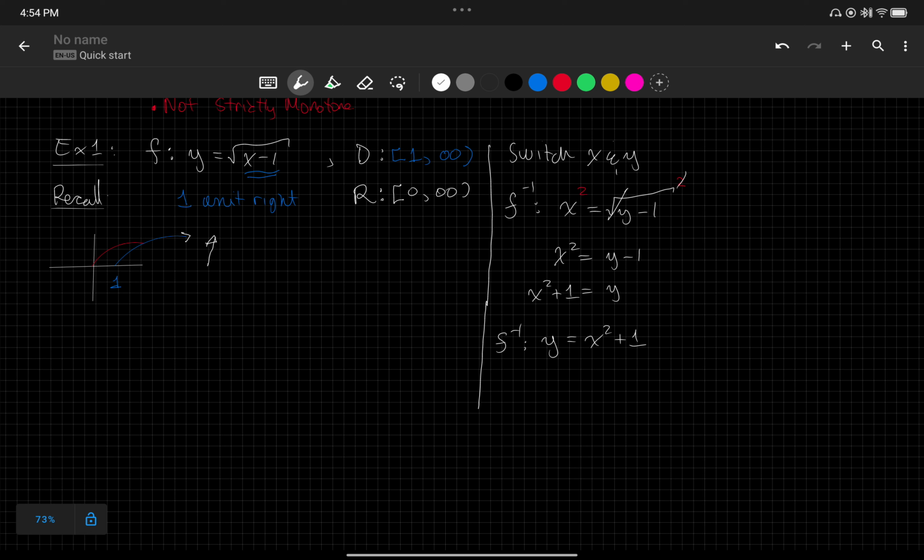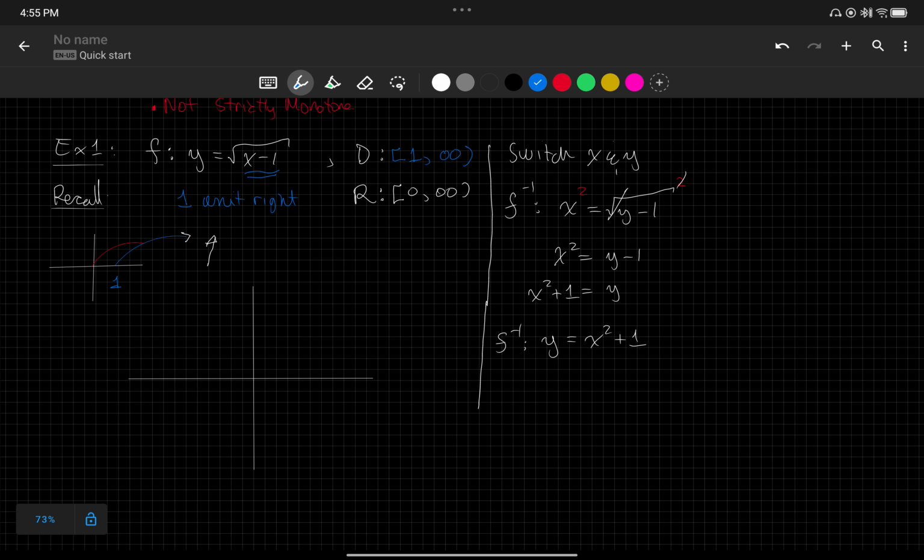All right, but then you're going to think, well, this is a parabola, and a parabola didn't really work. Well, let's look at the picture. So I guess we can do it over here. Let's see. If you graph this, this is a parabola that is shifted 1 unit up.